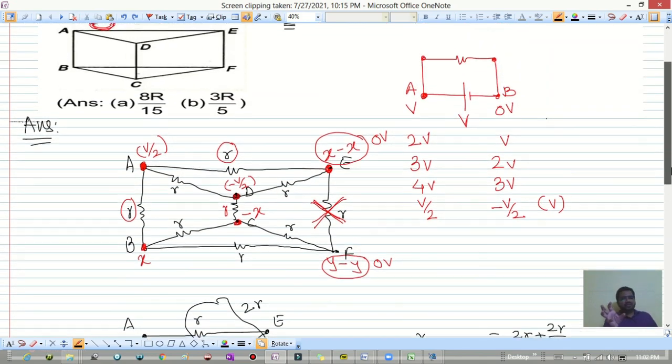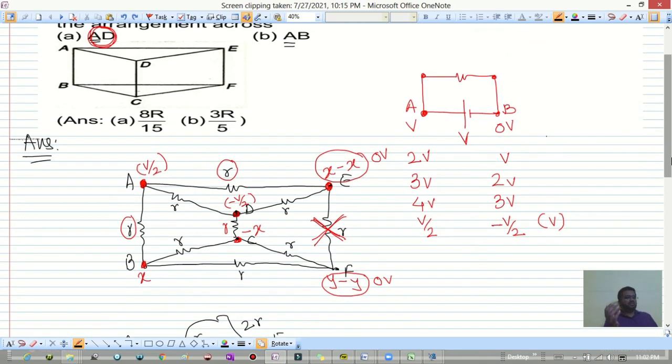So this circuit, initially if you see, it is like a very difficult circuit, isn't it? But once you apply this method, it will be a very simple circuit, right? That circuit can be solved by an amateur boy, isn't it?